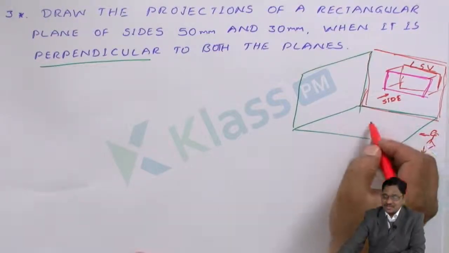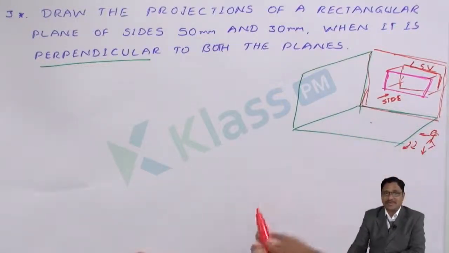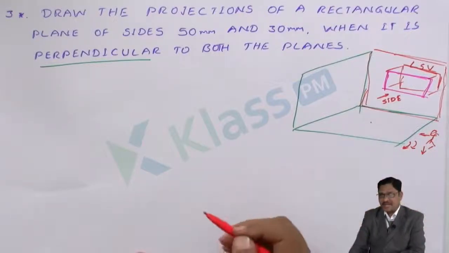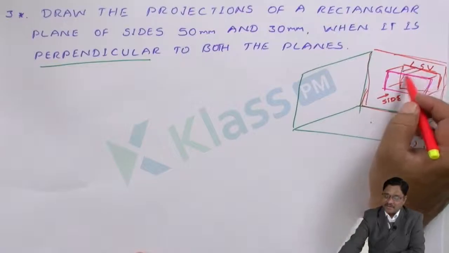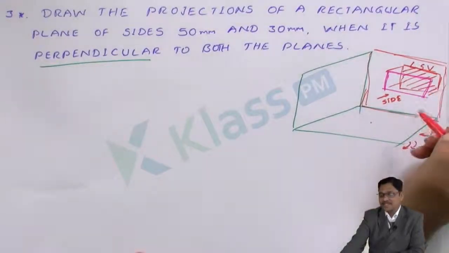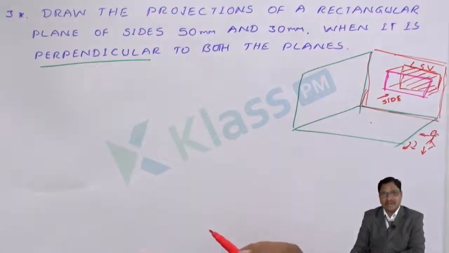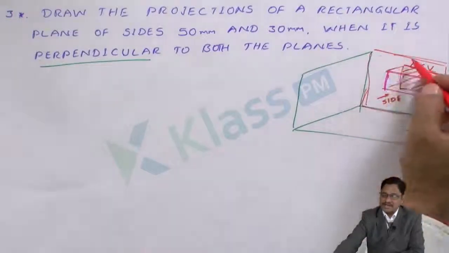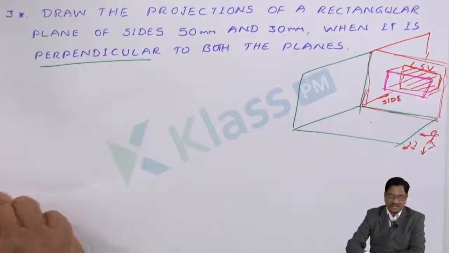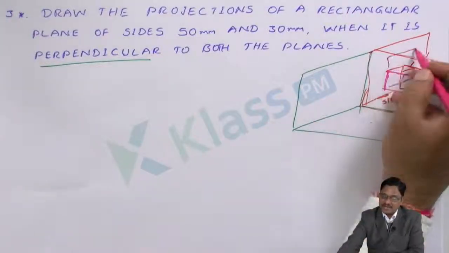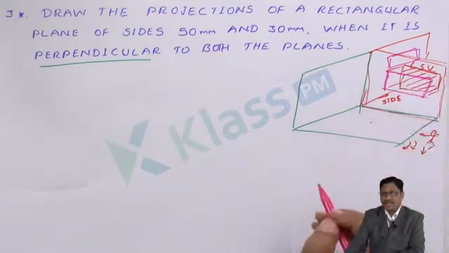Once we get the position on the horizontal plane, we rotate it 90 degrees in the clockwise direction, the same as similar practice. Once rotated 90 degrees, the entire plane comes exactly beside, and the respective side view also comes exactly beside that.